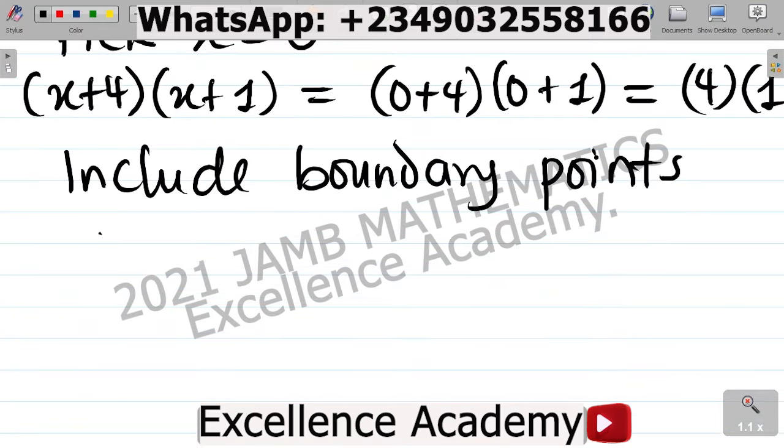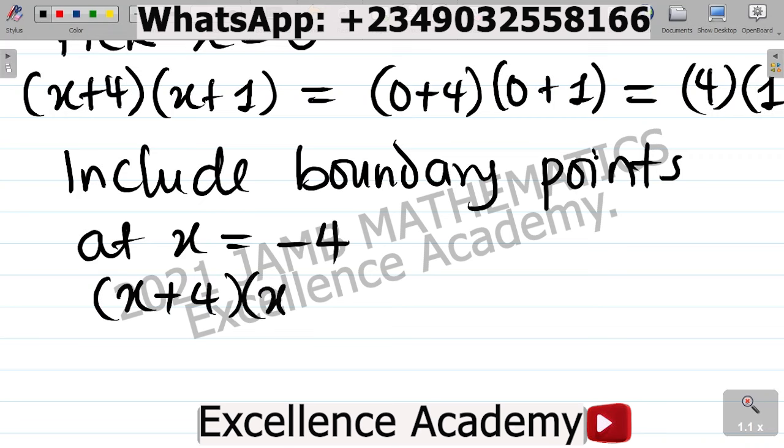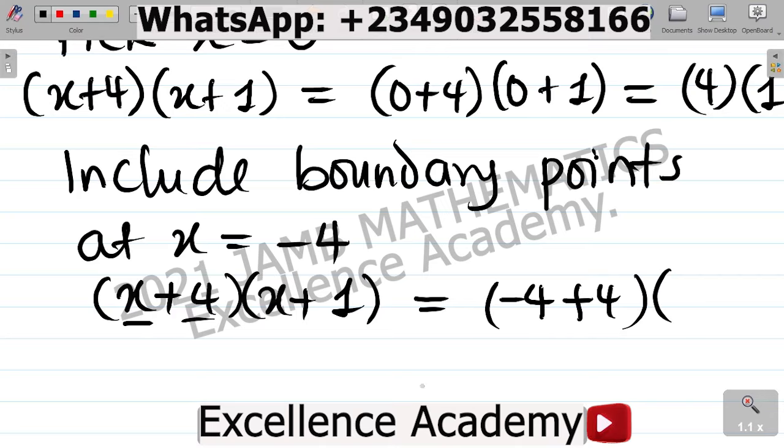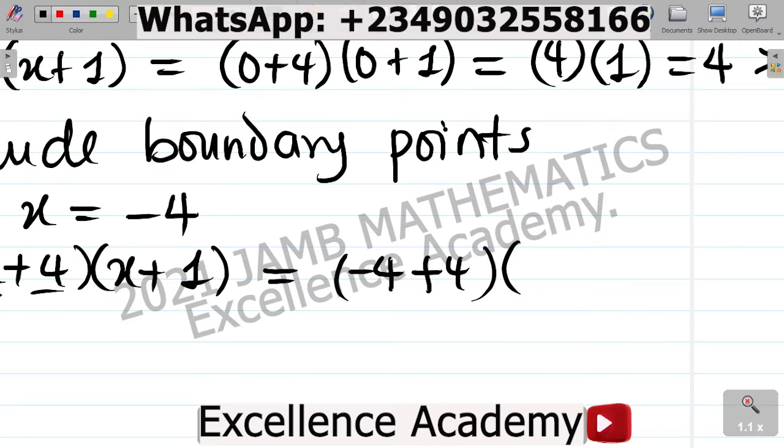Let's say at x equal to minus 4. What do I have there? Recall that the function was x plus 4 multiplying x plus 1. Let's put x as minus 4. x becomes minus 4 plus 4, into x plus 1, where x is minus 4, plus 1.